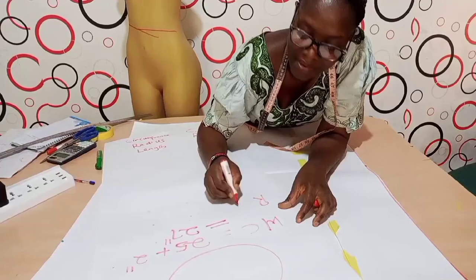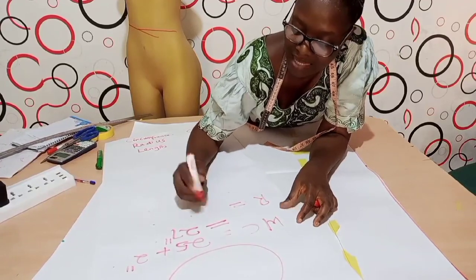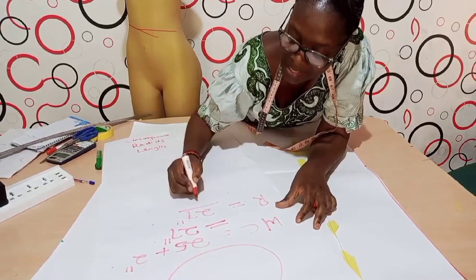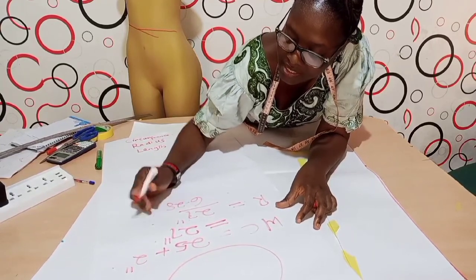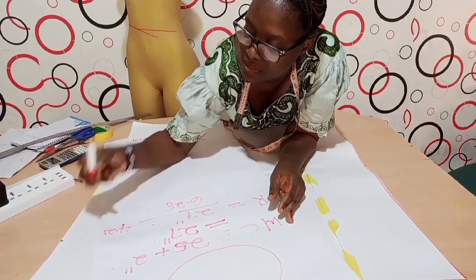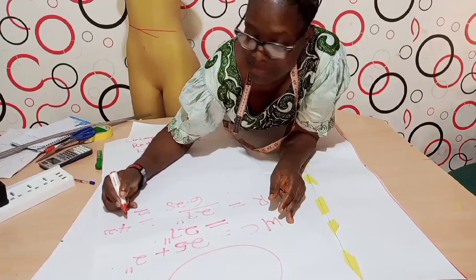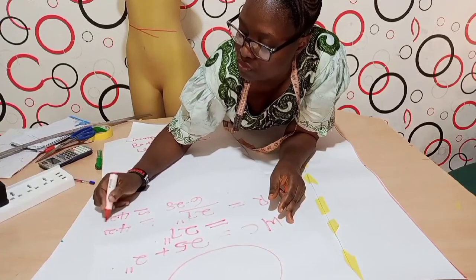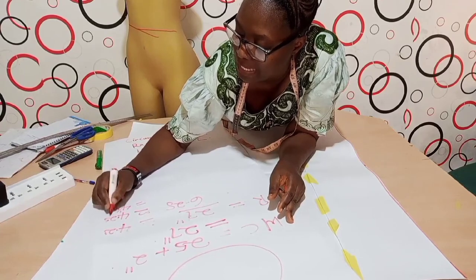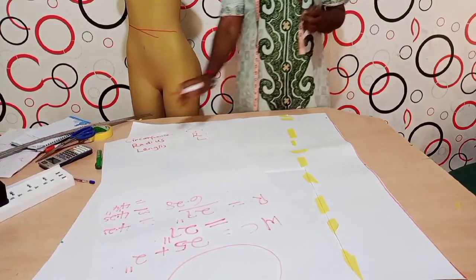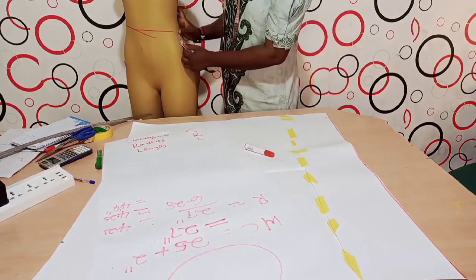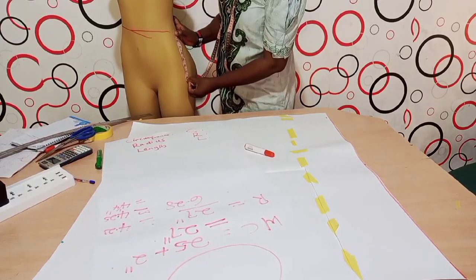Our radius will be waist circumference, which is 27 inches, divided by 6.28. When we divided it, it gave us 4.23, so we can easily approximate this to 4.25, which is the same thing as 4¼ inches.